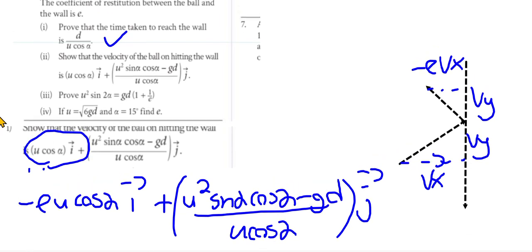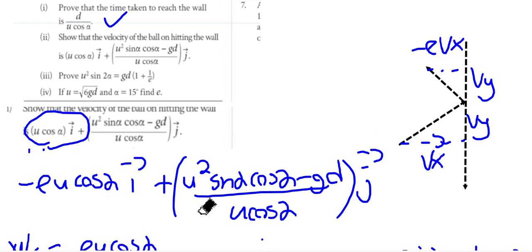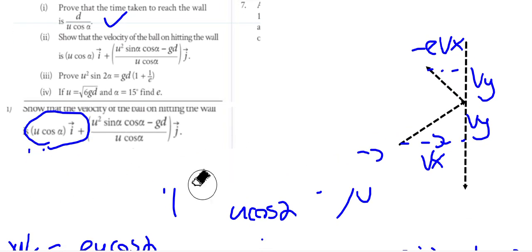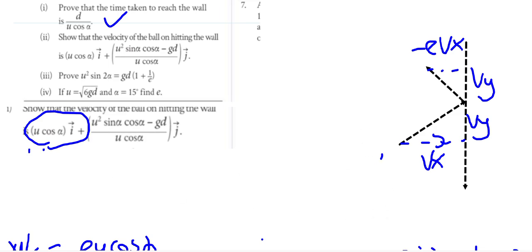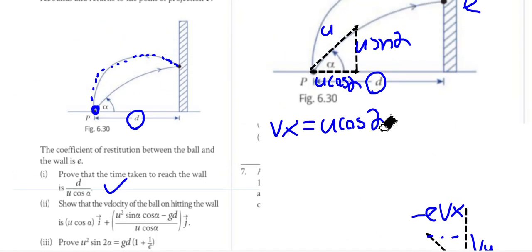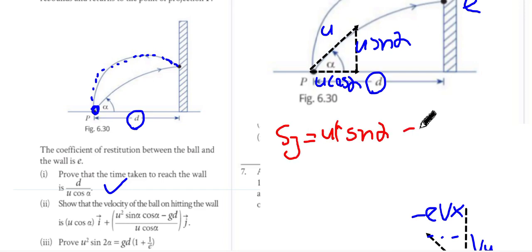Okay, so I'm just going to think about this again. I'm going to go back to the first iteration. What did I do again? I did sy equals u sine alpha t minus a half g t squared. Is that okay? What did we know about the time of flight?